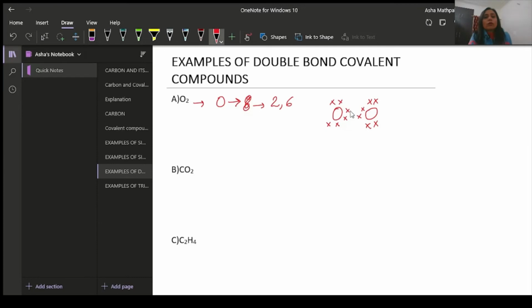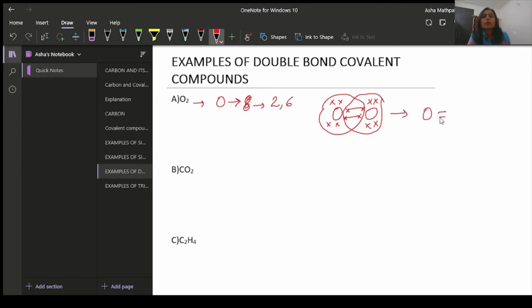Okay, so it needs 2 more. So this atom will take 2 pairs from the other oxygen atom. This will take from the other oxygen atom. Now 2 pairs, one pair is this, another pair is this. So there is a sharing of 2 pairs of electrons.